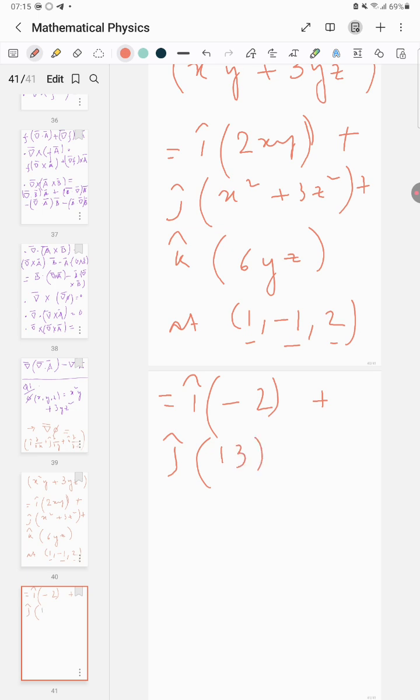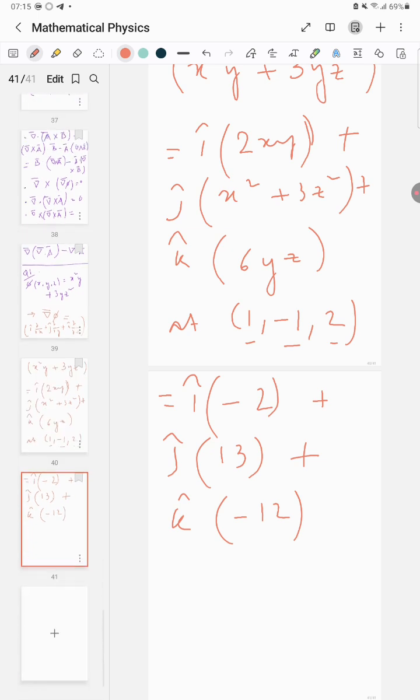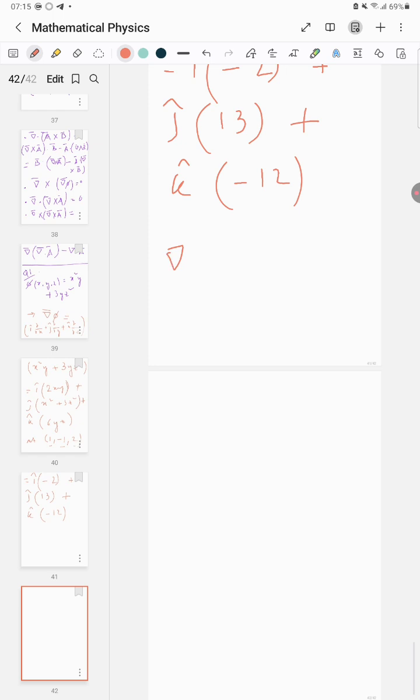Then 6yz is 6 into -1 into 2, so -12 k cap. So grad phi is equal to -2 I cap plus 13 j cap minus 12 k cap.